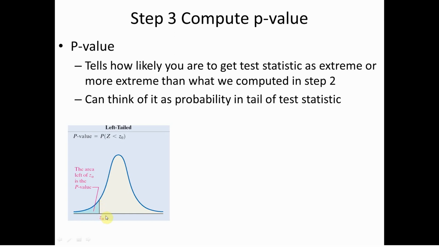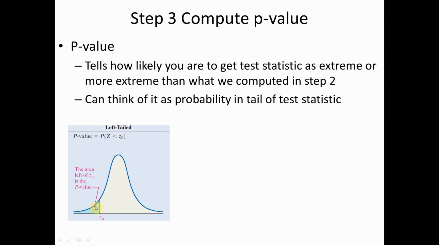Suppose this is our test statistic, the value that we get from the data: x bar from the sample minus mu, divided by the standard deviation divided by the square root of n. This is the value from data. Given this is a standard normal, we're going to compute the probability in this tail. This is the p-value. It's the probability in the tail.